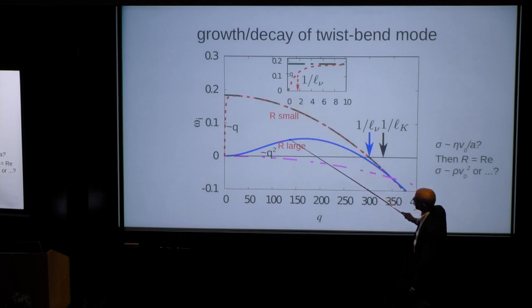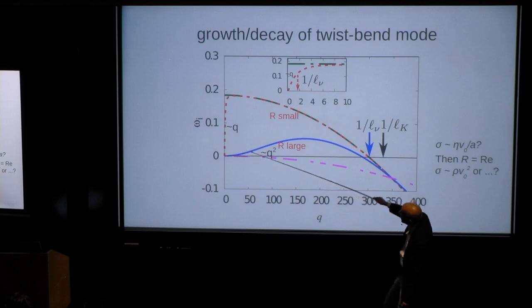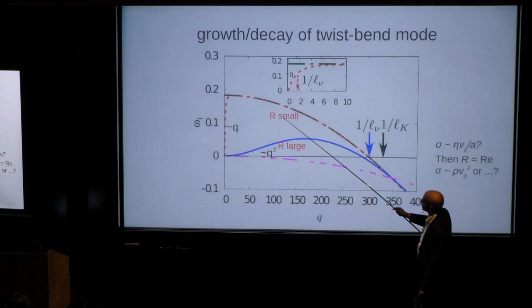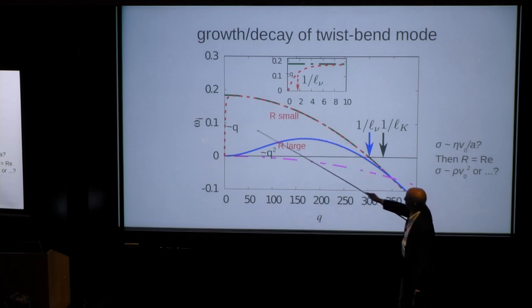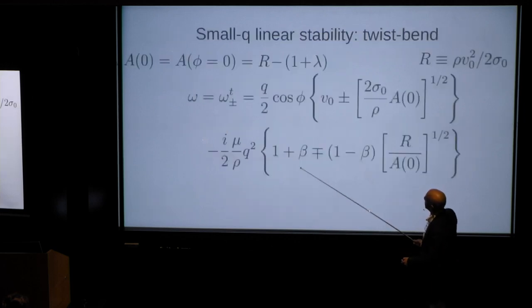As you increase r, eventually for large enough r, you escape instability altogether, but in between, interestingly, you have a regime where the growth rate is quadratic in wave number and stable at large wave numbers. So really, you have r small instability with growth rate of order q, r large instability with growth rate of order q squared.